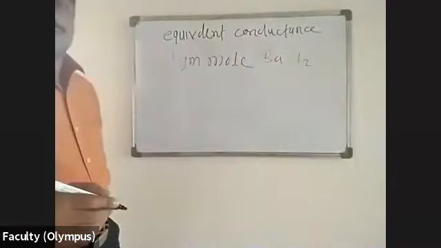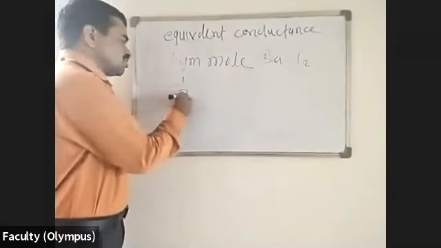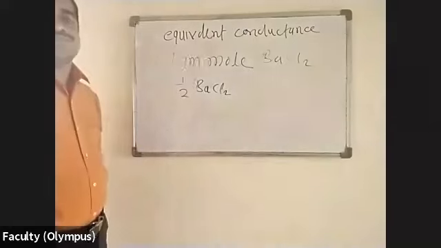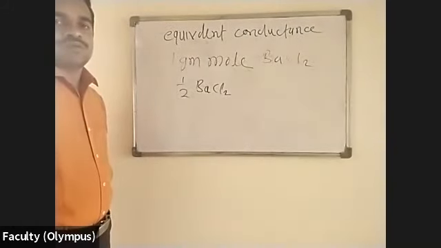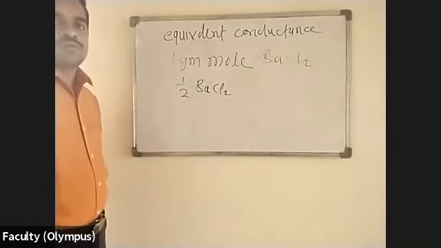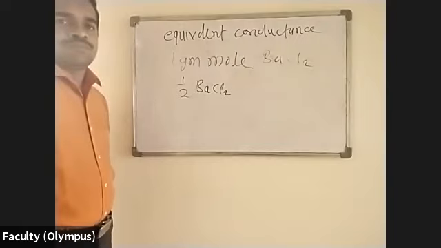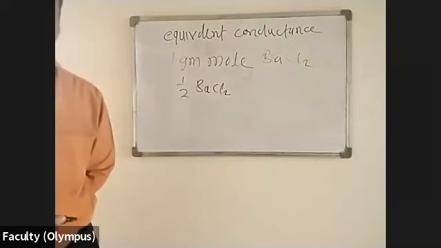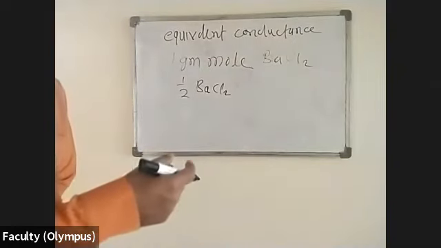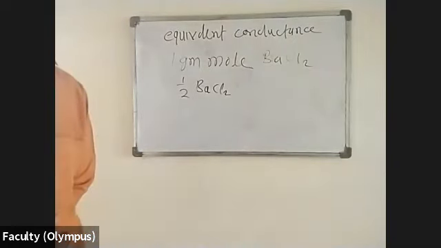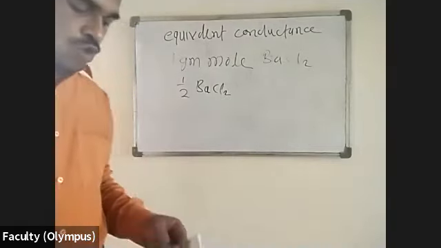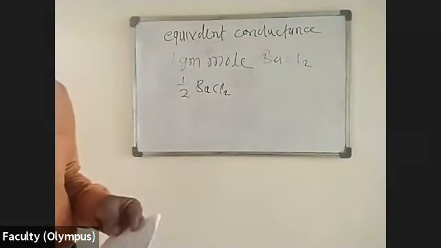Then equivalent conductance is mentioned as half BaCl2. It means this barium has +2 charge, so its equivalent weight is molecular weight divided by 2. Likewise, we have to take the molar conductance and equivalent conductance.